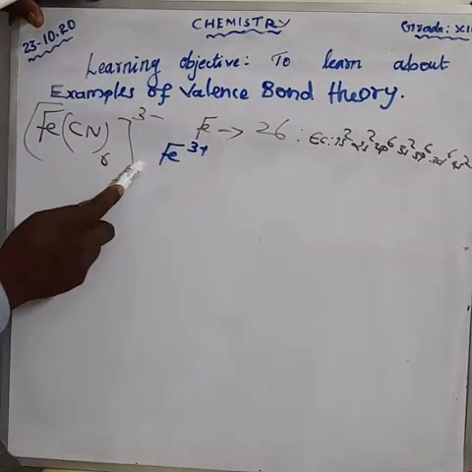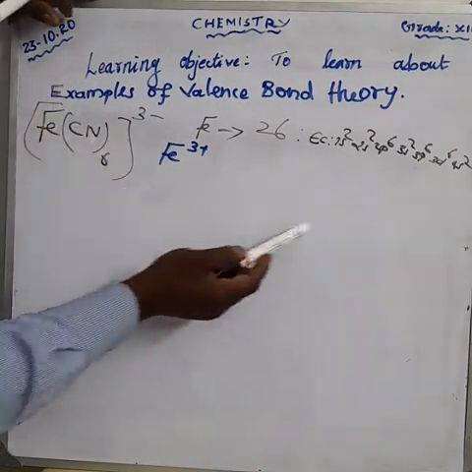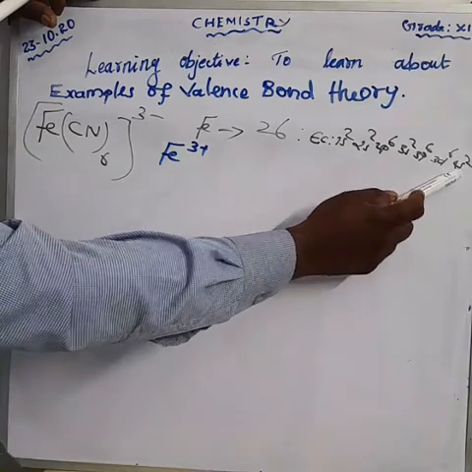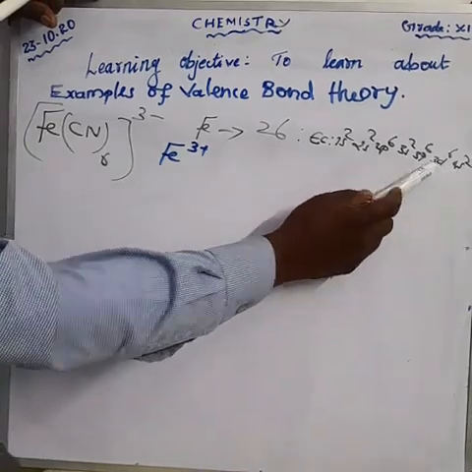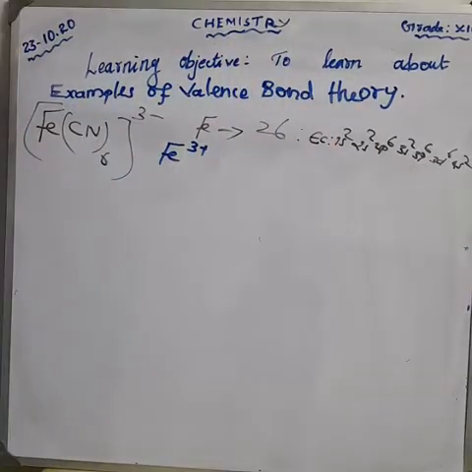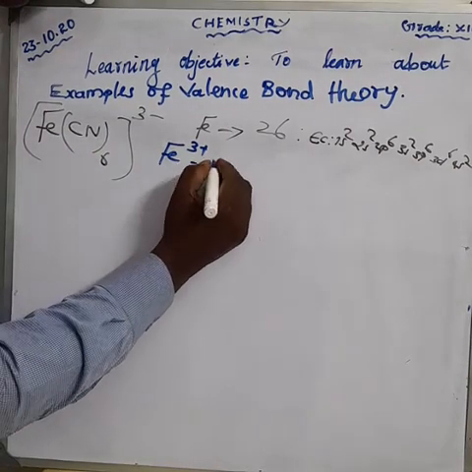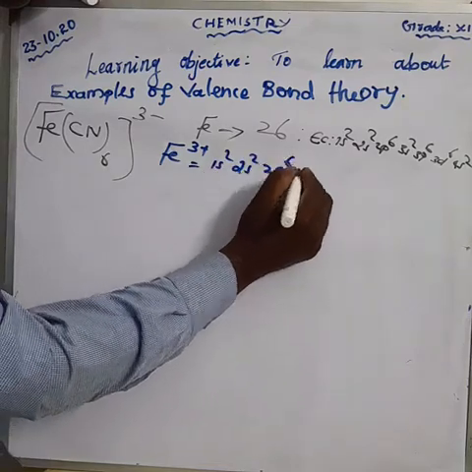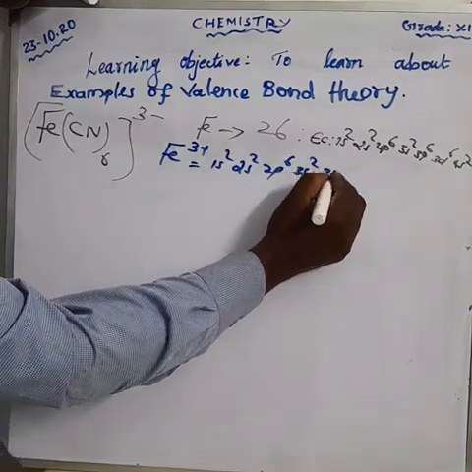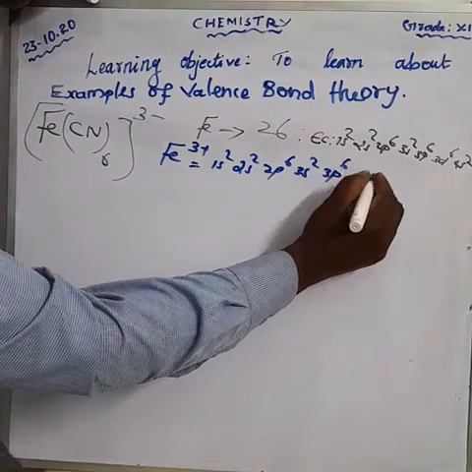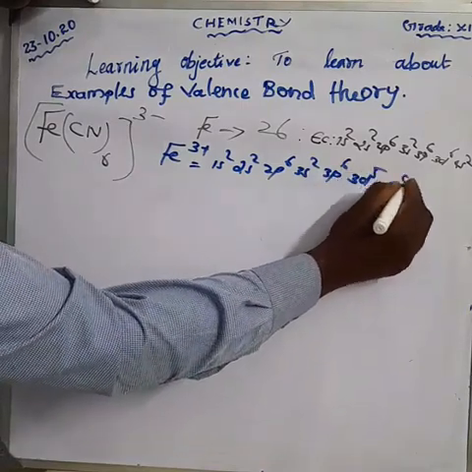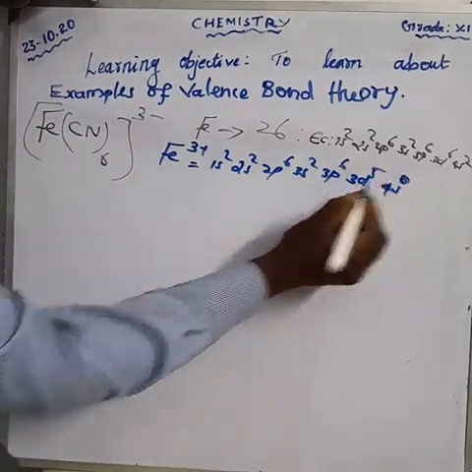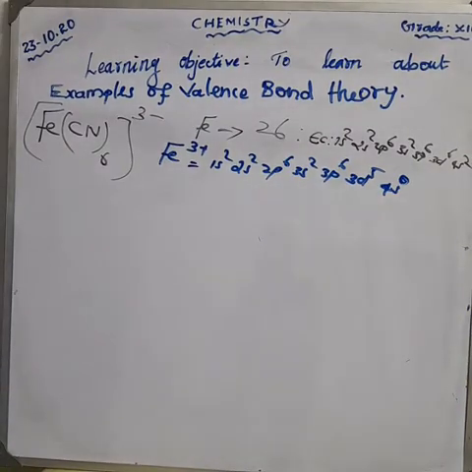Here Fe3+ means it loses 2 electrons from 4s and 1 electron from 3d. So the configuration is 1s2, 2s2, 2p6, 3s2, 3p6, 3d5, 4s0.